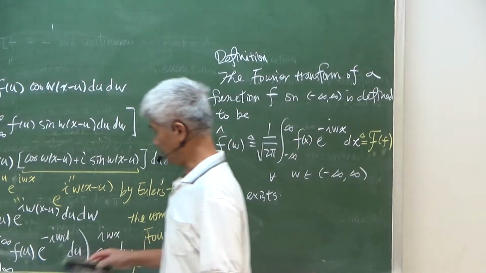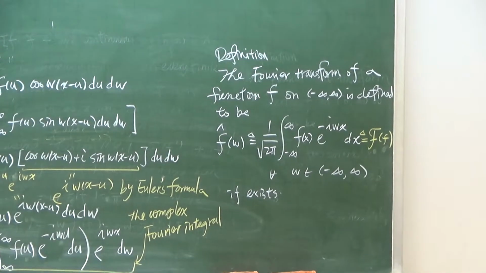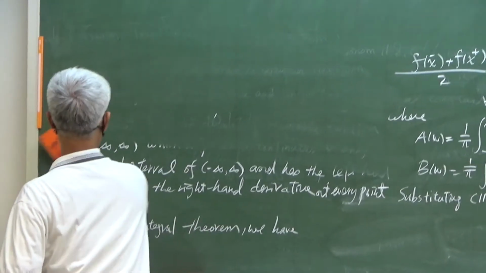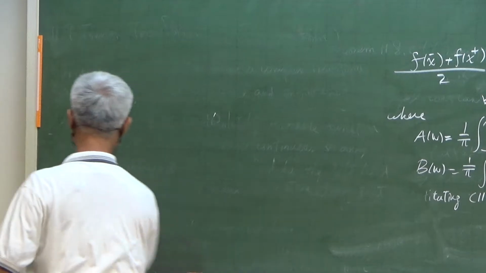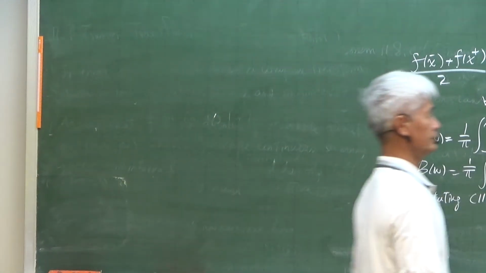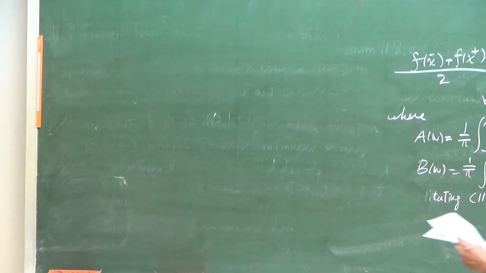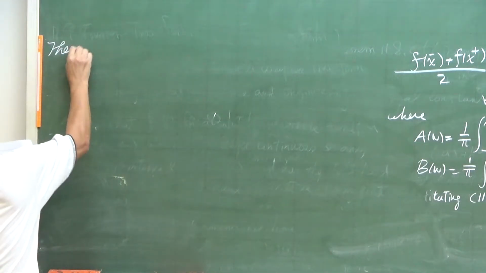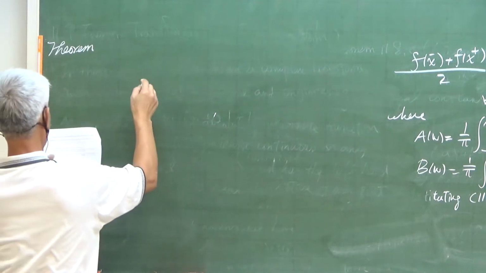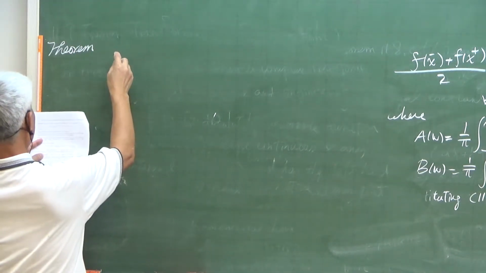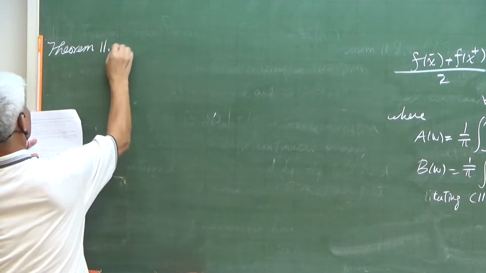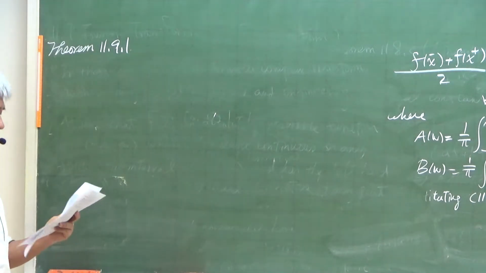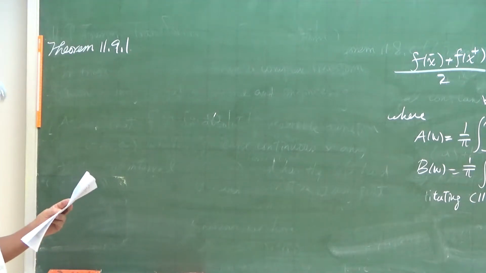Okay, and now we will state the existence of the Fourier transform as a theorem, and we will also categorize some of the properties of the Fourier transform. Okay, this is the first theorem in the textbook, but my version contains more information.